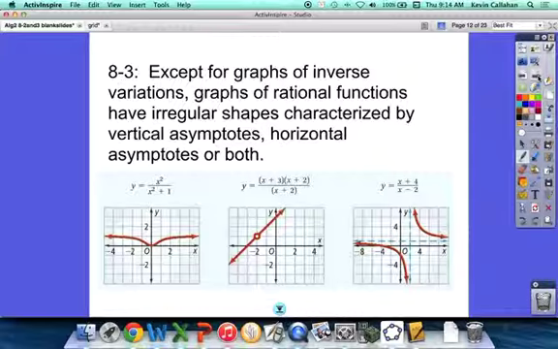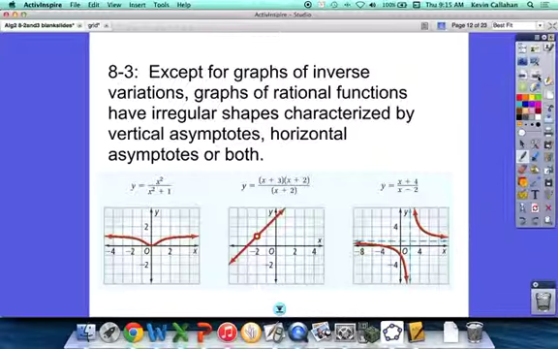Okay. So now we jump to the next section, one particular kind of graph of a rational function. It's got all the rest of them. These are 3 different rational functions, so we can't just memorize it and apply our same transformations.